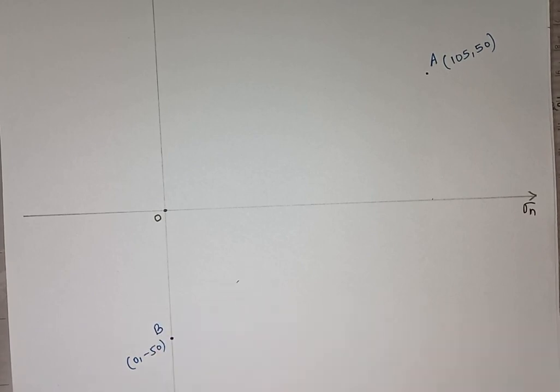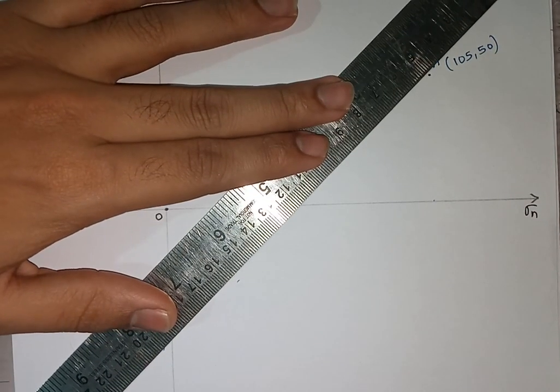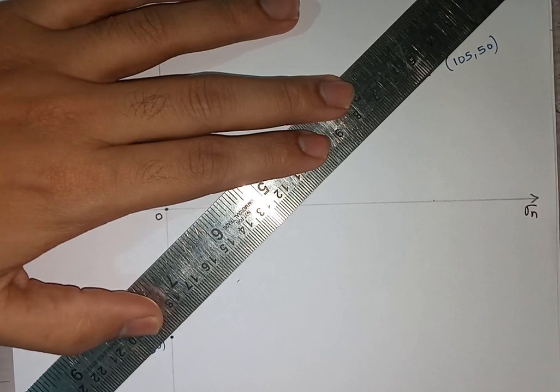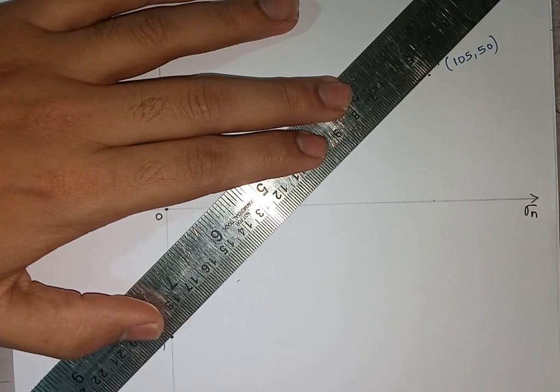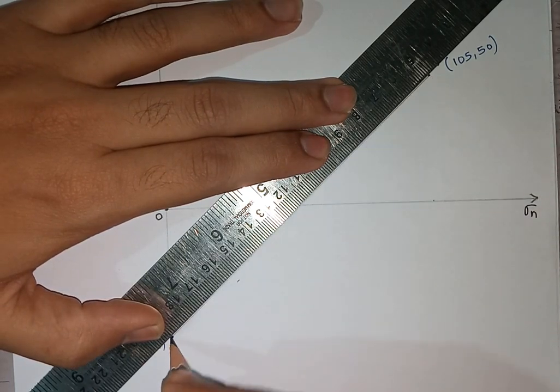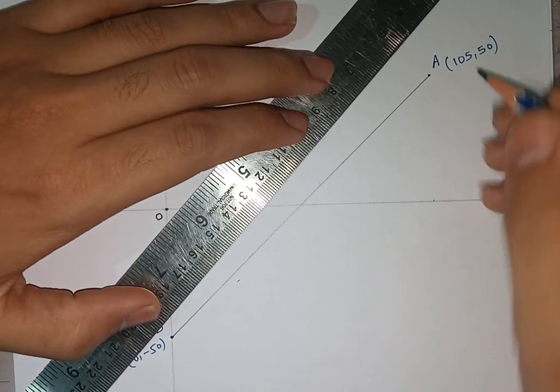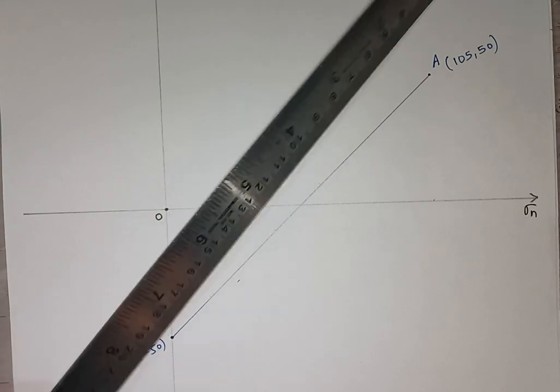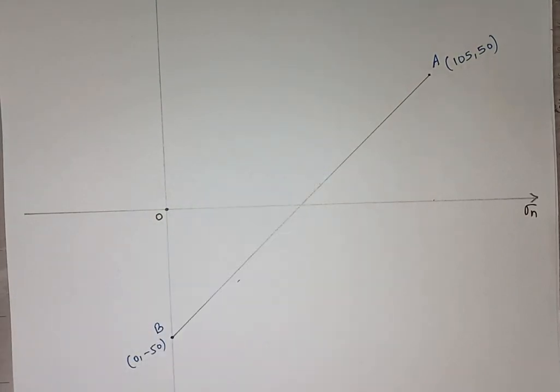Now I need to join these 2 points with the help of a straight line. Once this is done, you mark the center. Center is the point where this line AB intersects the sigma n axis.